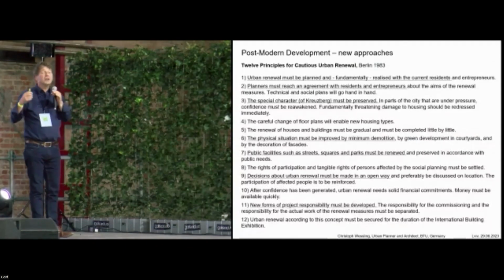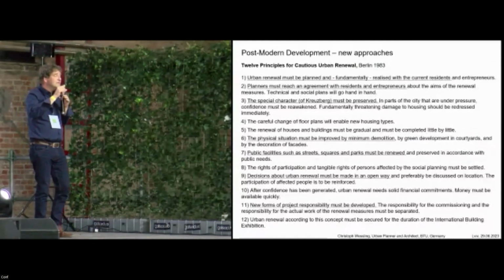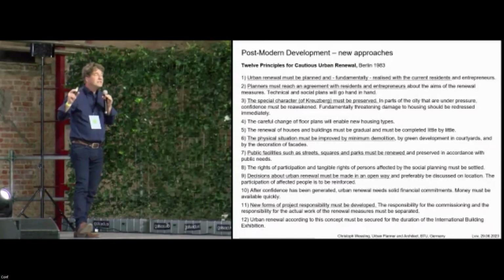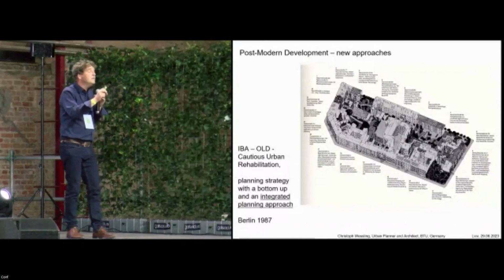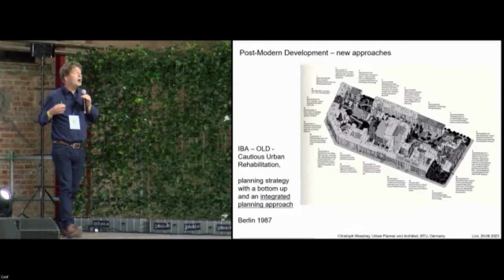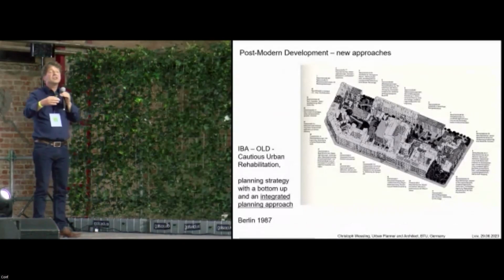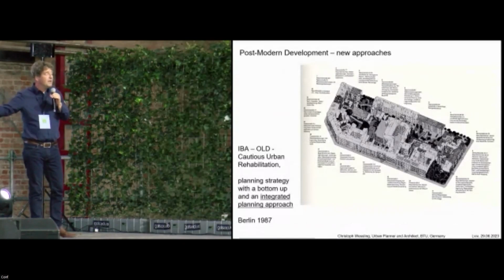So there was a consensus: okay, we will accept these 12 principles, and with these 12 principles we will have a lot of individual measures. So it was the opposite of the idea before, having general standards and then a master plan to do it.